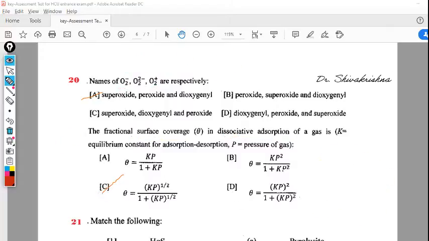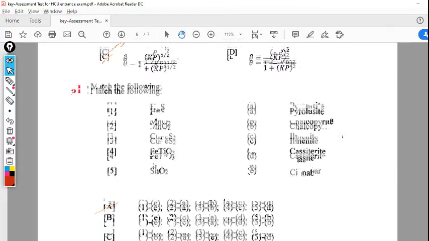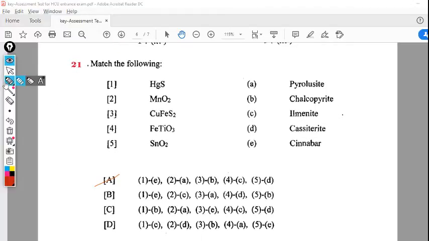Next. It is very important to know these combinations and their names. All are minerals. HgS is a mercury ore, cinnabar, which is used as a precursor for the extraction of mercury.